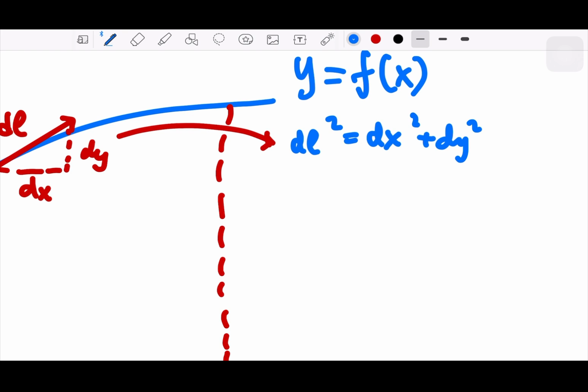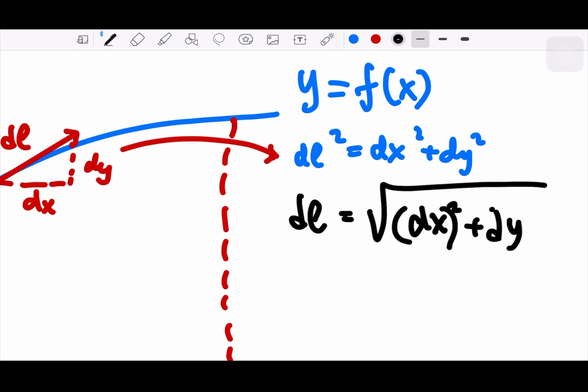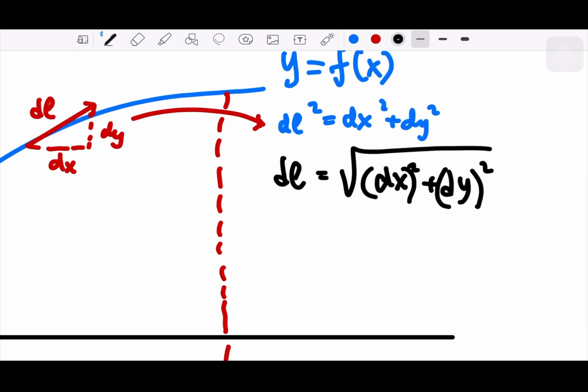But what I want you to look at is that you can just look at the Pythagorean theorem. And then what we can do from here is take this square root.